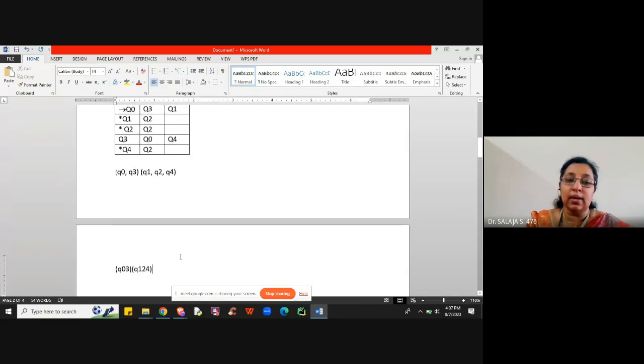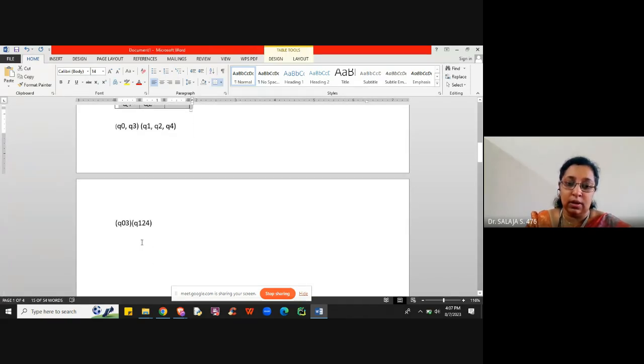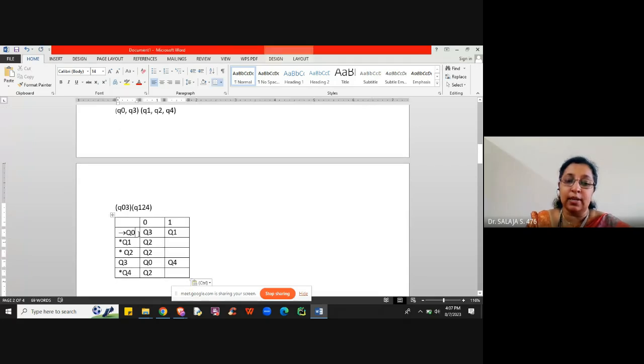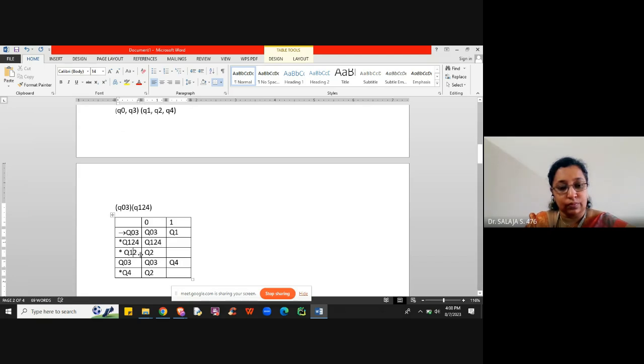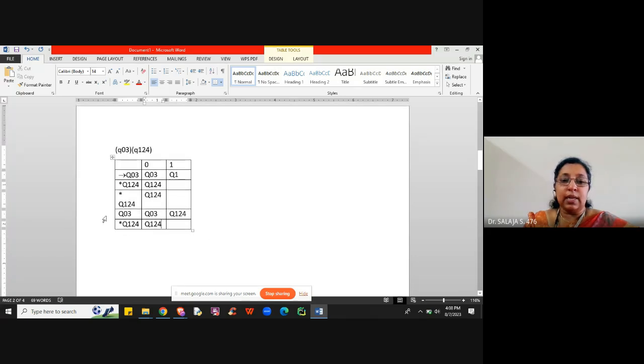Fine. Now I'll redraw or rewrite this transition table. How will I rewrite it? Wherever I have Q0 and Q3, I'll make it as Q03, and wherever I have Q1, Q2, and Q4, I'll make it as Q124.